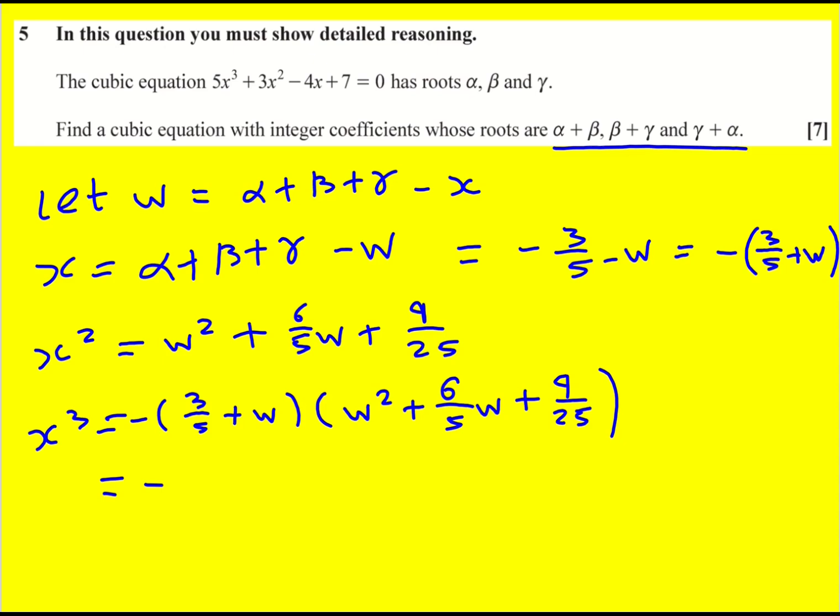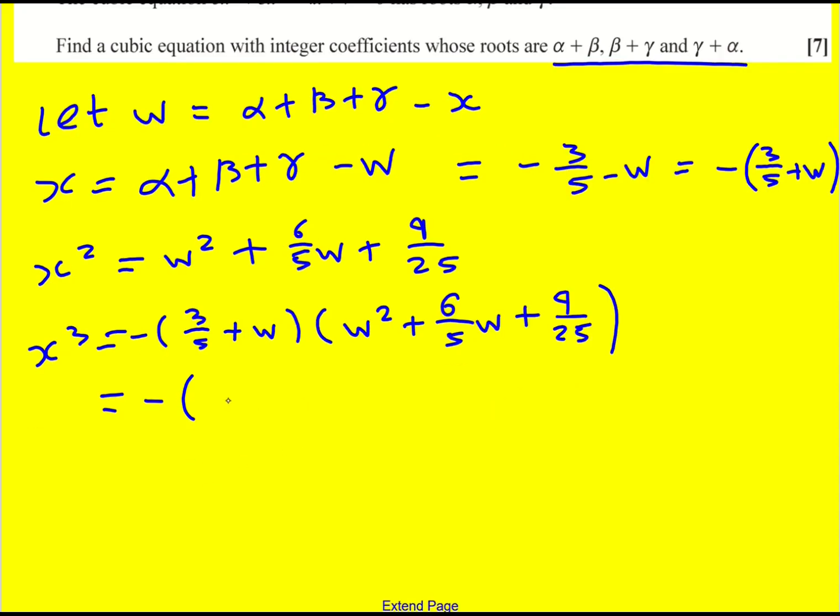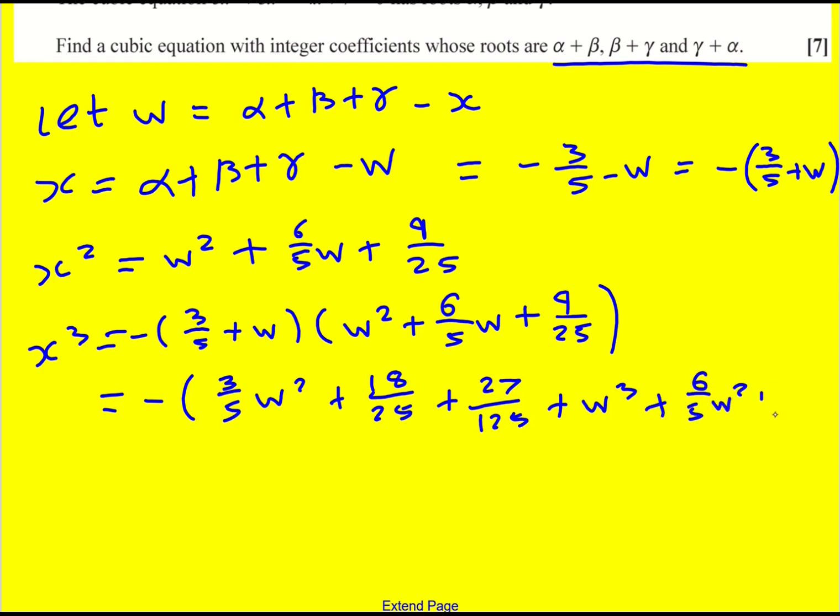It's not just for fun, this. Let's find that out. Gives w cubed plus 3/5 w squared plus 18 over 25 w plus 27 over 125, plus 6 over 5 w squared plus 9 over 25 w.